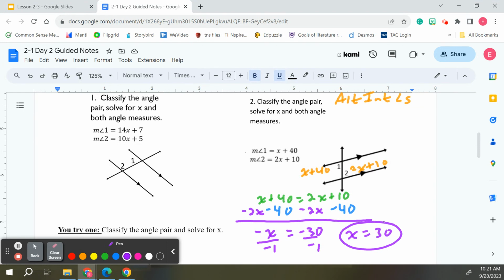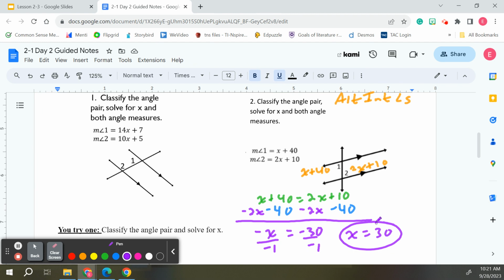Then I'm going to take this and do what with it? They want you to solve for x, then both angle measures. So I'm taking this 30 and substituting it in.